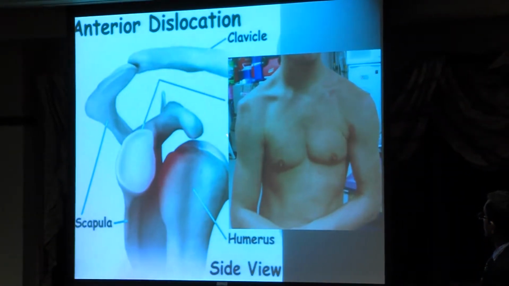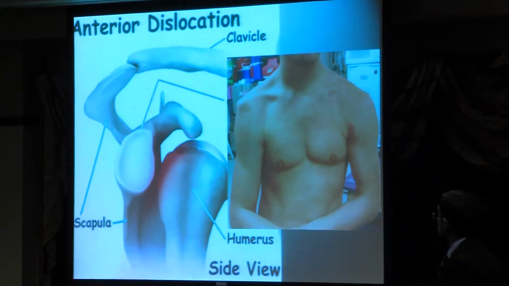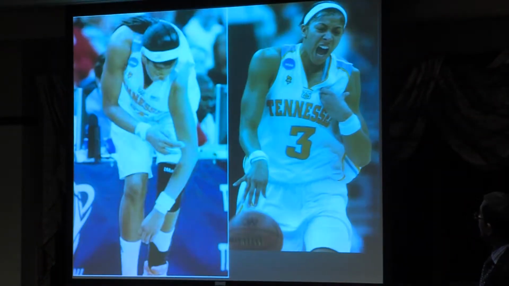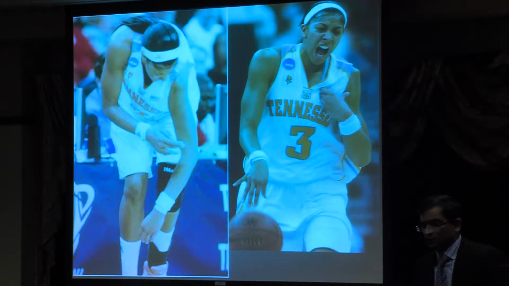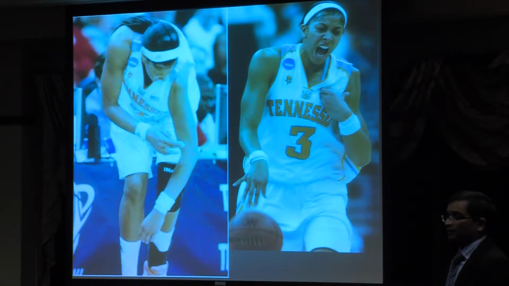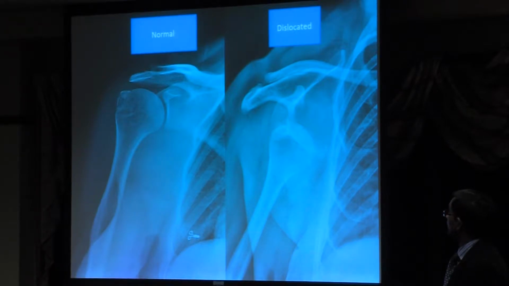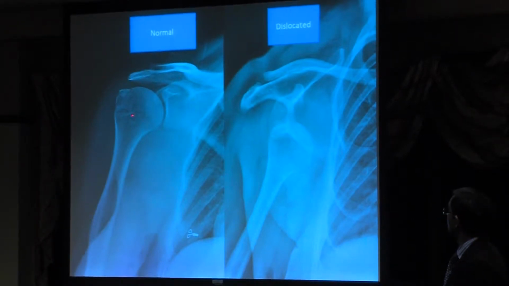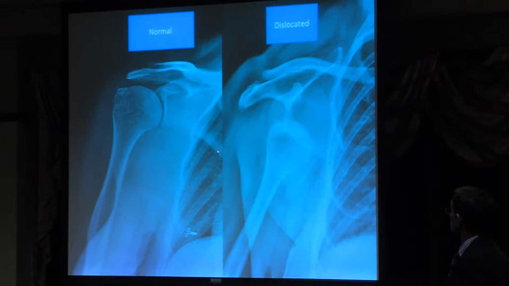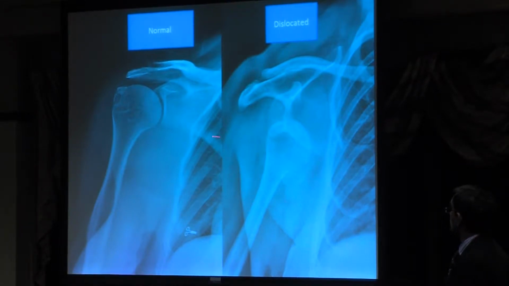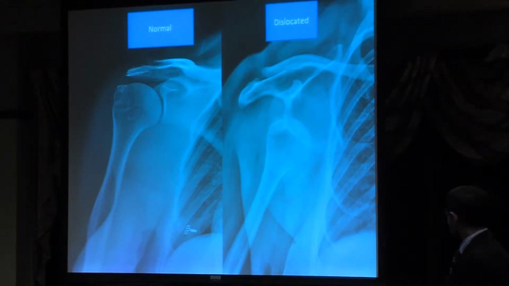You can see the contour of the shoulder is lost, and again here. These are the radiographs, normal, and you can see how this arc is disrupted here. It's pretty obvious.